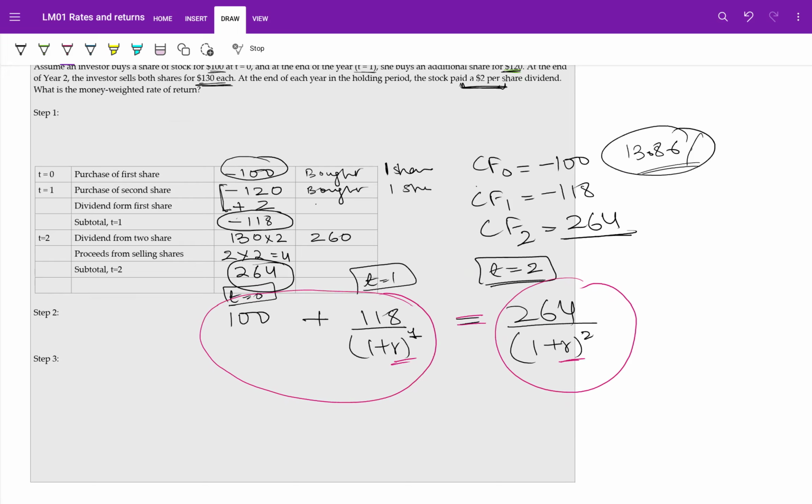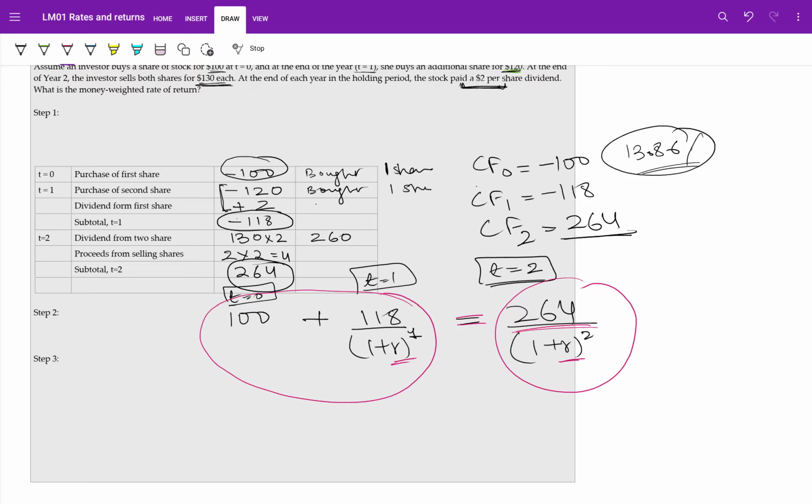And the intuition here is that we deposit $100 in the account at time zero, then added 118 to the account at time one, where we also have a $2 dividend, funded the purchase of one more share at 120, and ended up with a total value of 264.